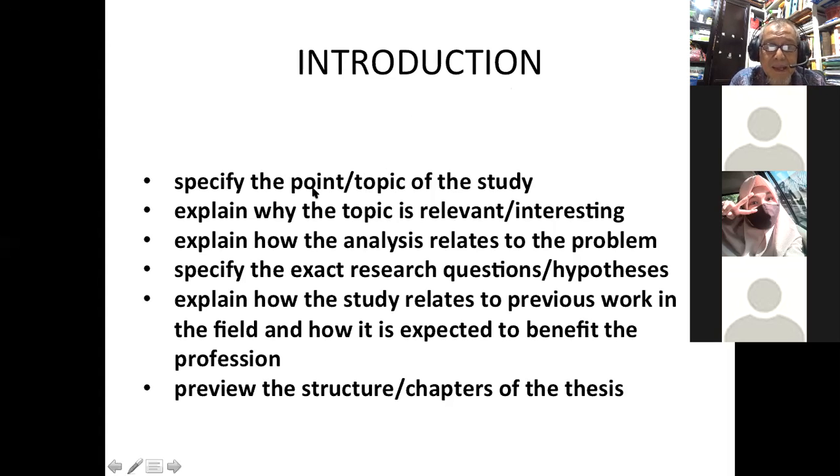Then you have to be able to explain why the topic is relevant or interesting. The interesting point in the background is that you can show the reader that the issue you are going to investigate is really interesting and probably very relevant to your readers.